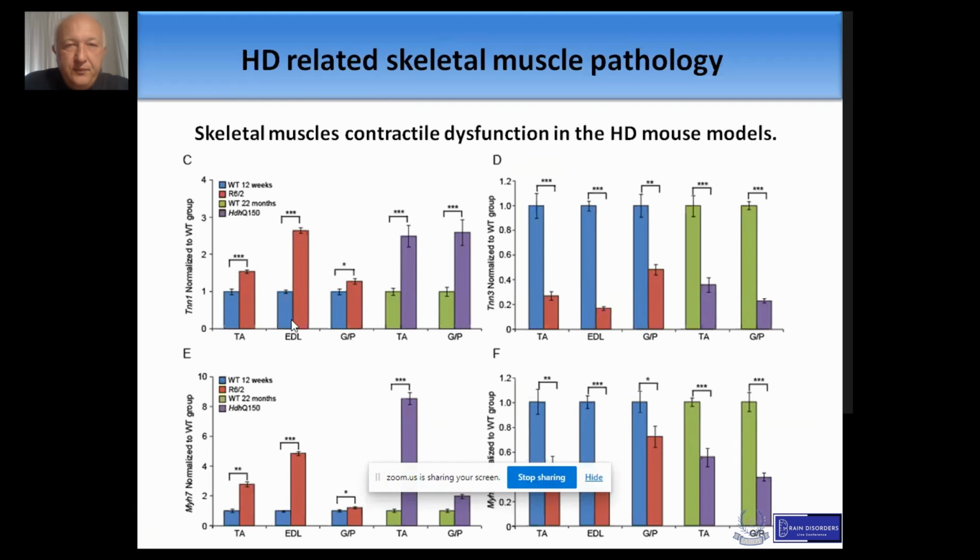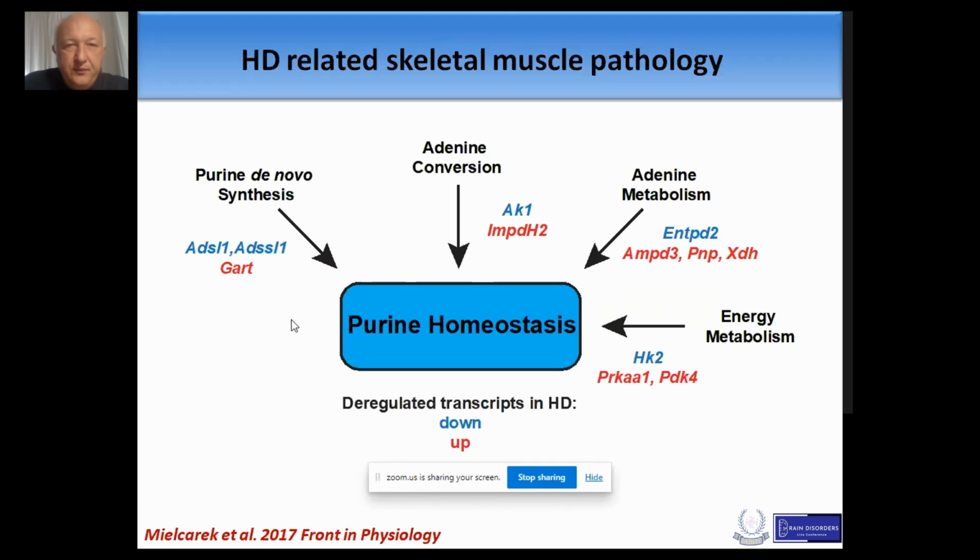By scanning a number of molecular transcripts, we found that there is an ongoing switch from fast to slow type muscles.